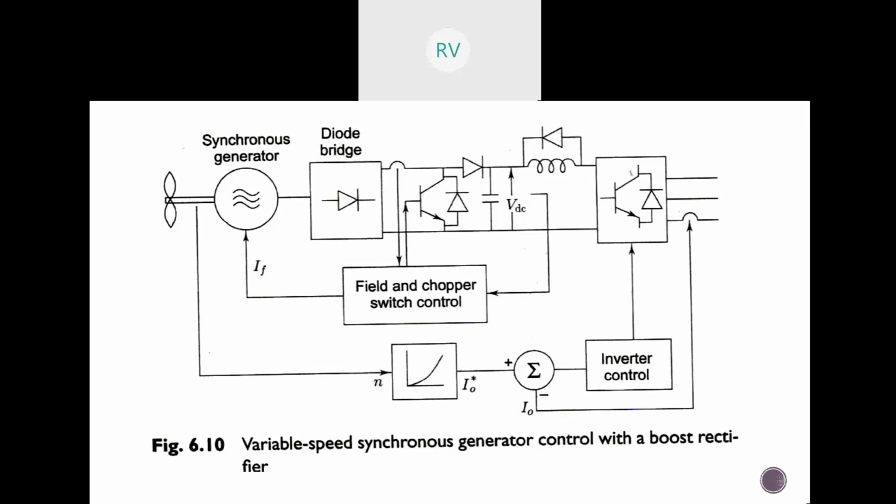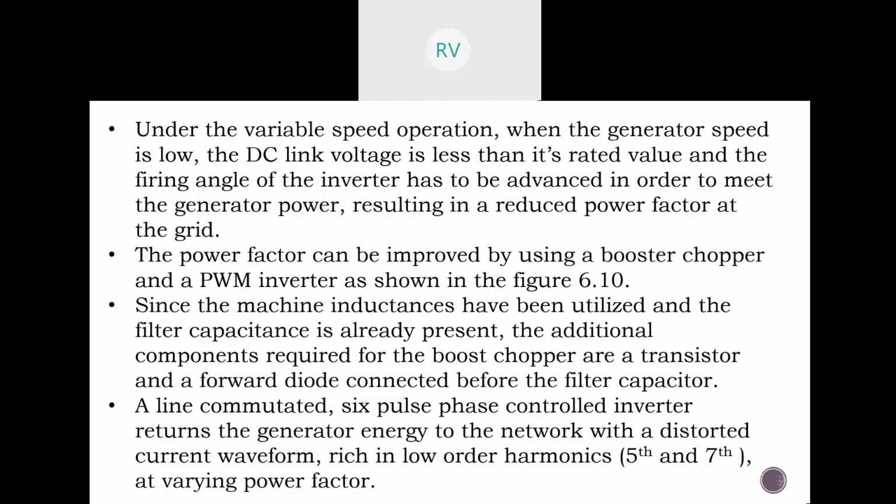Just to increase the power factor, we are including some more equipment in the circuit. Since the machine inductances have been utilized and the filter capacitance is already present, the additional components required for the boost chopper are a transistor and a forward diode connected before the filter capacitor.